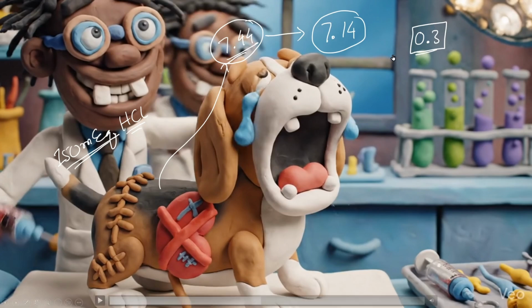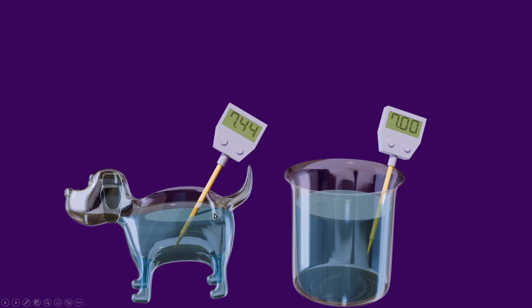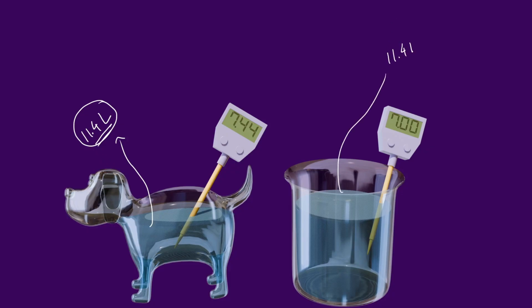Okay, so let's understand this concept. Here, the total body water of an average dog is about 11.4 liter. So its pH is 7.44. But if we take pure distilled water, the same amount of 11.4 liter, and initially we are measuring the pH of both of these.